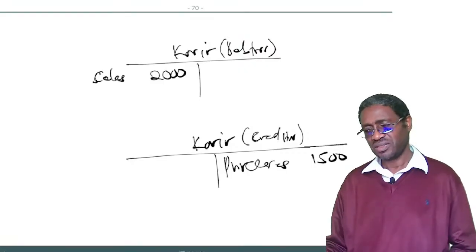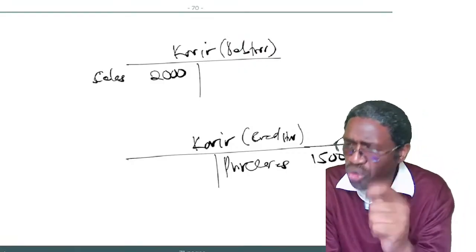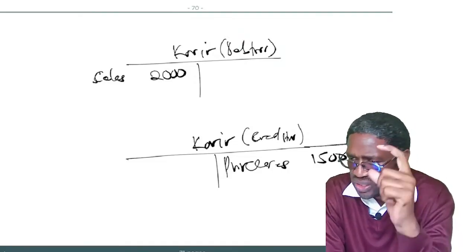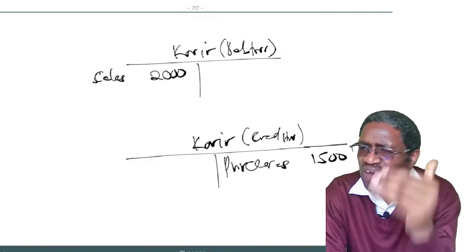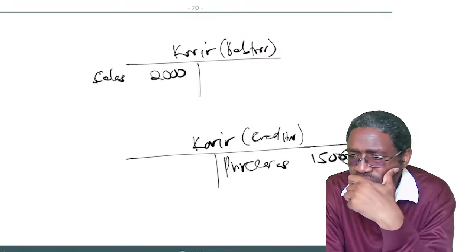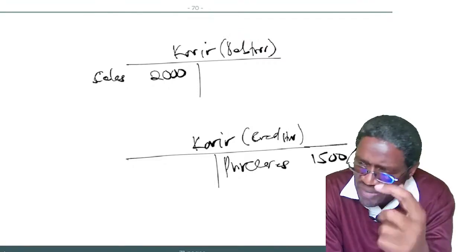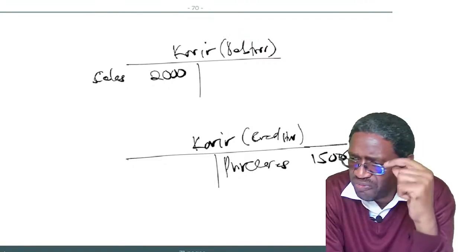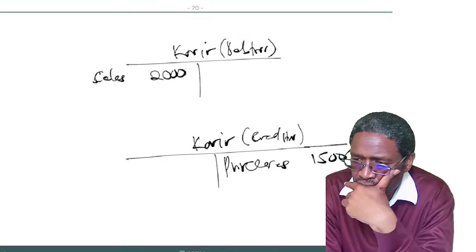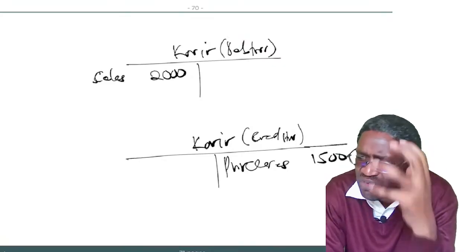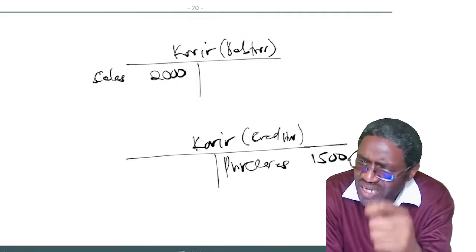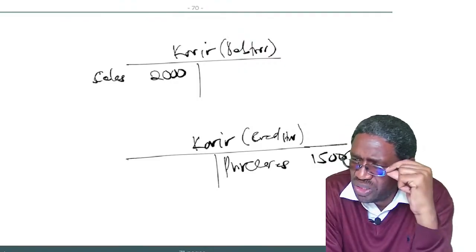Listen, when one person is both a debtor and a creditor, the question is this: do I have to wait for Coril to pay me my 2,000, then from the same money, I pay him the 1,500? The answer is no. Coril doesn't have to pay me 2,000, then I use the same money to pay him what I owe him, which is 1,500.